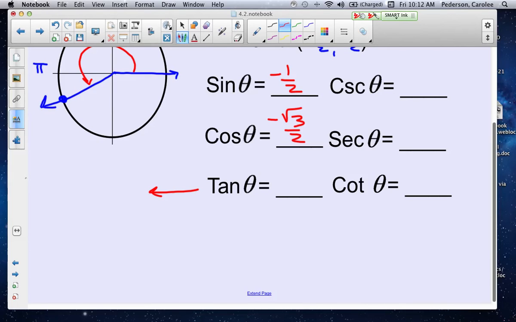Is it 1/3? Let's check. So remember to find the tangent, it's the sine over the cosine. So -1/2 divided by negative square root of 3 over 2.